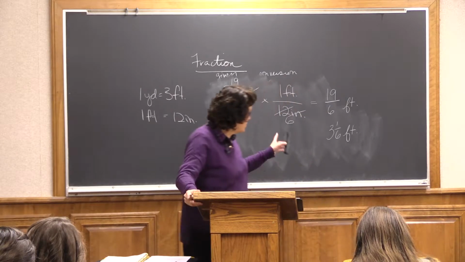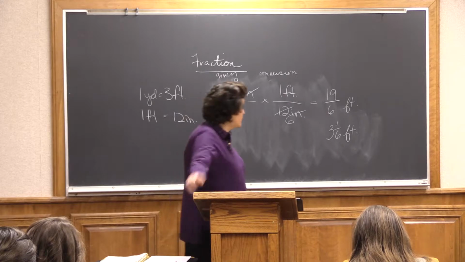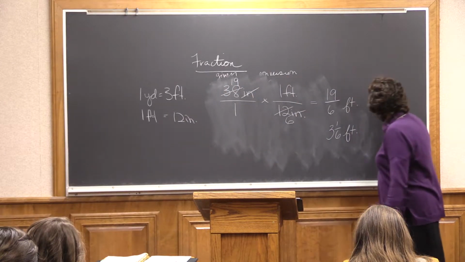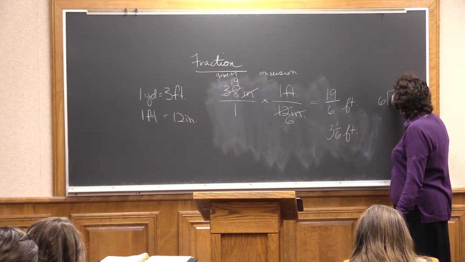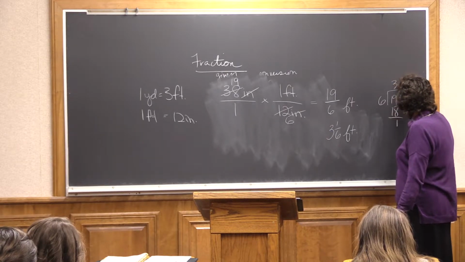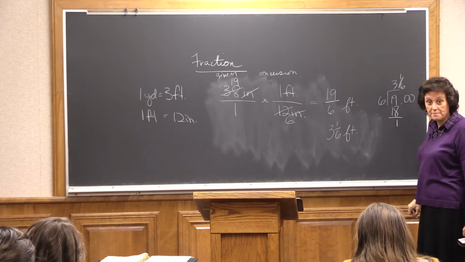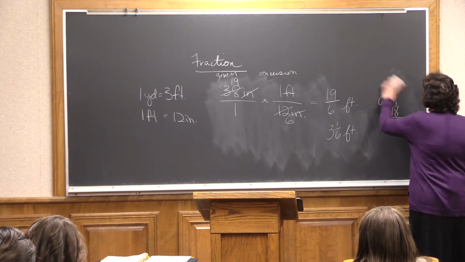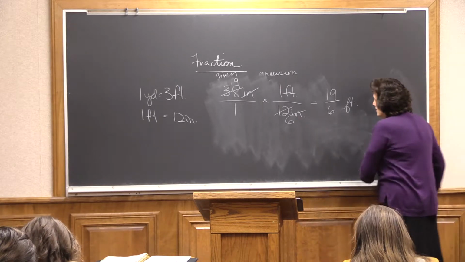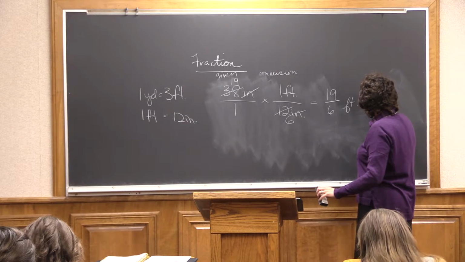The answer is 3 1/6. Right? I don't want to see any decimals. When I do the division, I'm going to go with fraction format, not decimal. Okay? Don't do it. Schoology won't accept it, and I won't either.